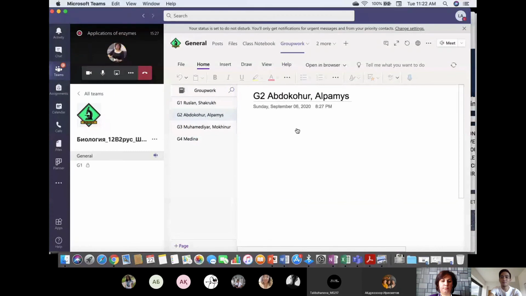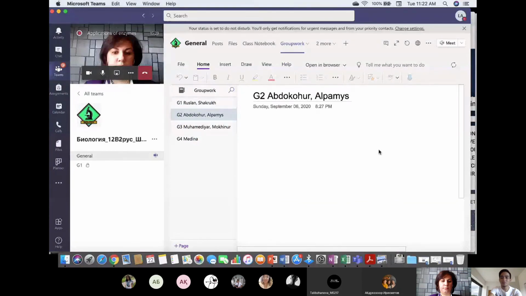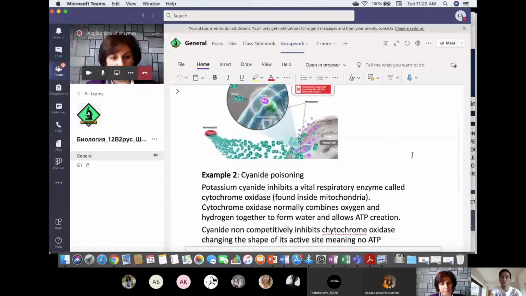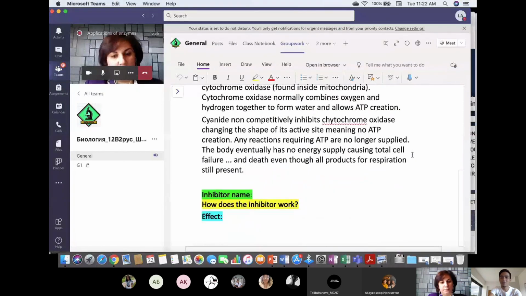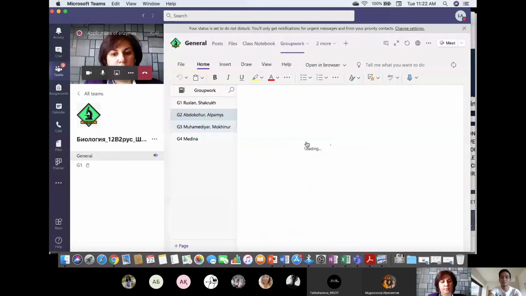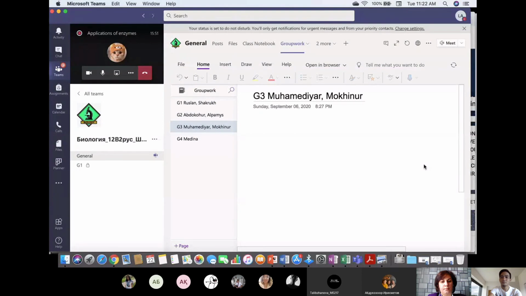Then Abdukuhur and Alpamas, you have cyanide poisoning. Just the same, identify the inhibitor name, how the inhibitor works, and the effect using the designated color of the highlighter. Okay, 3 minutes.